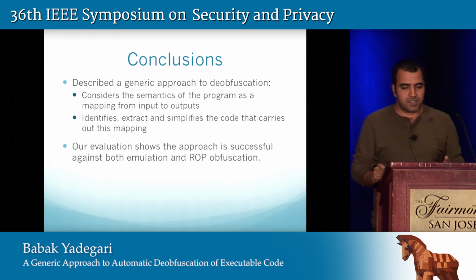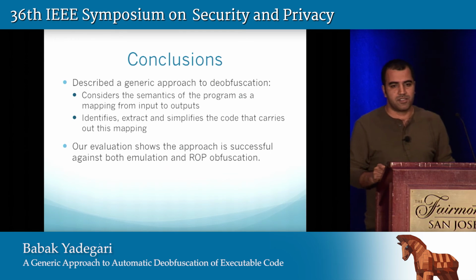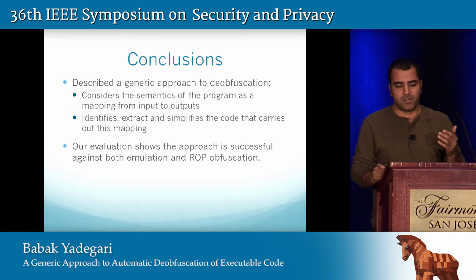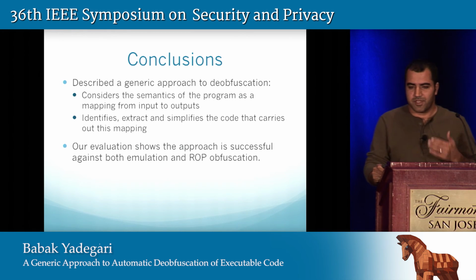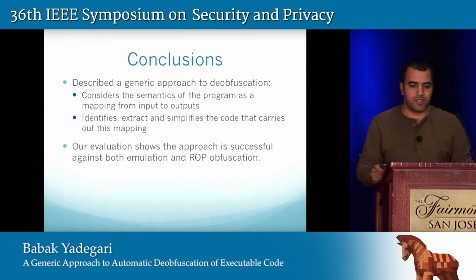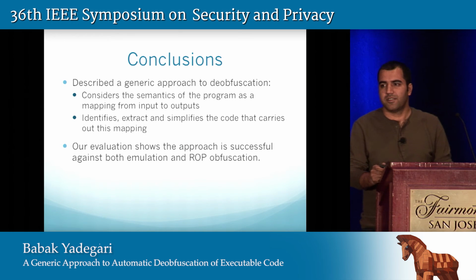And so this deobfuscation approach identifies and simplifies the computation involved in this mapping from the input to output. And our evaluation shows that this approach was successful against both emulation and ROP obfuscations.